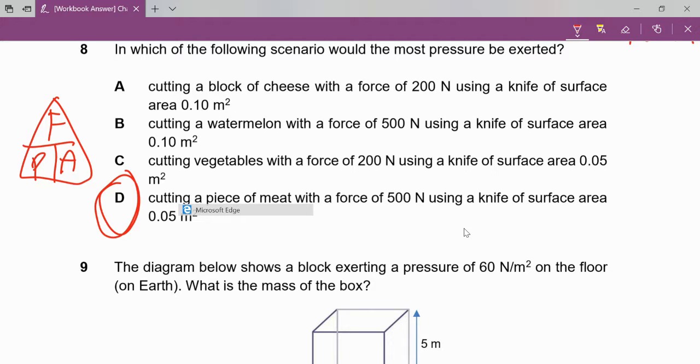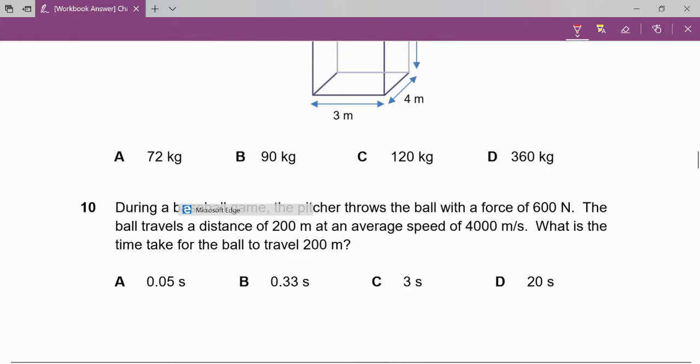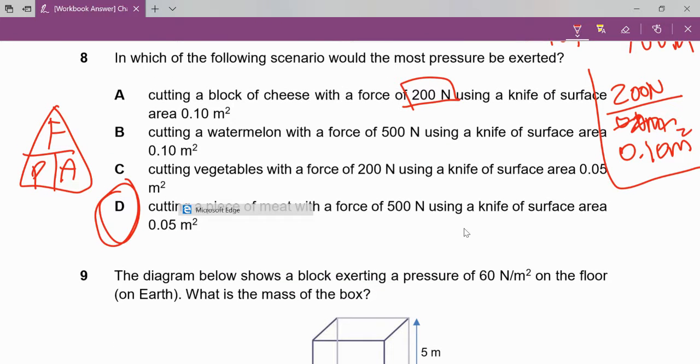Cutting a block of cheese with a force of 200 Newton, you just take 200 divided by 0.10 meter square for A. Okay, for A, then you do the same for B, C, and D. Then you compare.